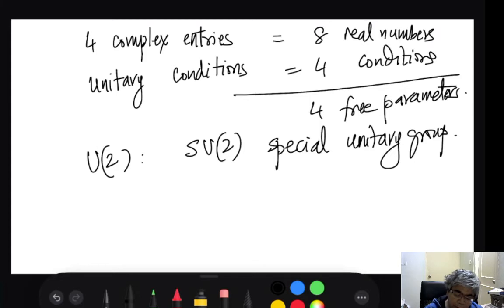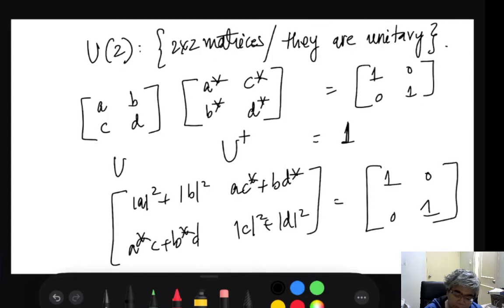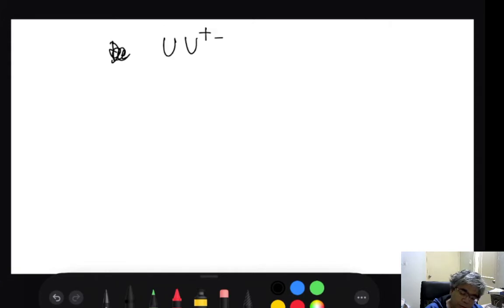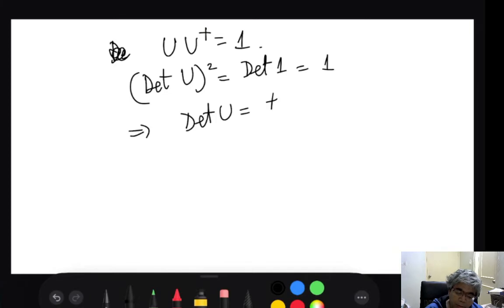See, the point is that if you have unitary matrices, say for example U dagger U is equal to 1. If you apply the determinant, det U squared is equal to det 1, so that is equal to 1. This means that det U could be plus or minus 1.